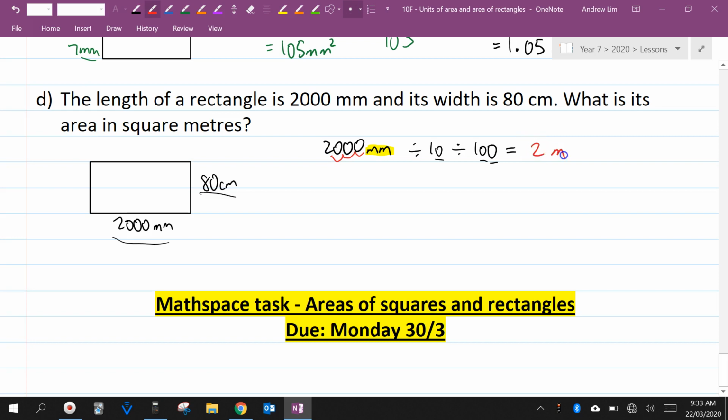So that's 2 meters. So we can just replace this with 2 meters. This 80 centimeters, if we want to convert that into meters, all we need to do is divide it by 100. There are 100 centimeters in a meter, which means we're moving it to the left twice. 1, 2. So that's 0.8 meters.